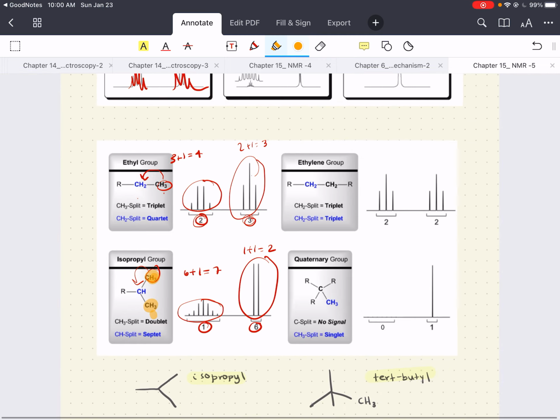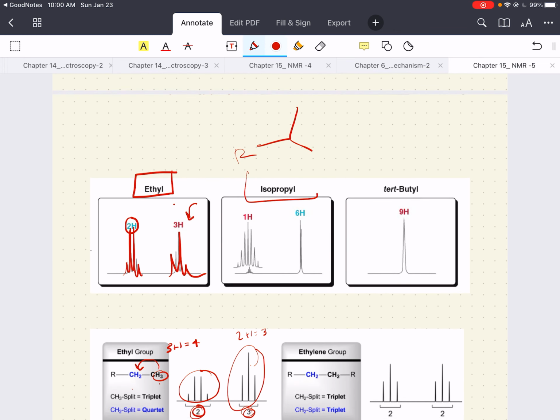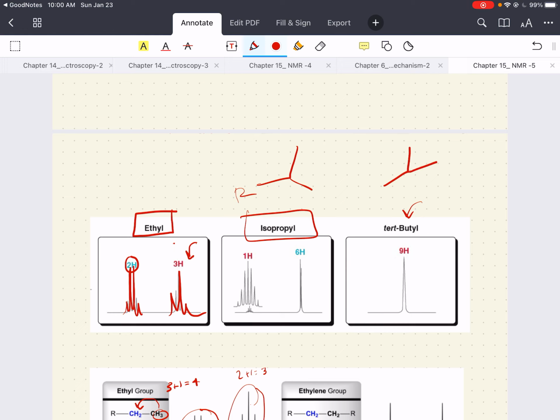Now another really common group, or pattern, that you're going to run across and need to know is the tert-butyl group. A tert-butyl group looks like so. If you're talking about this methyl group and this methyl group, that's what forms a tert-butyl group.